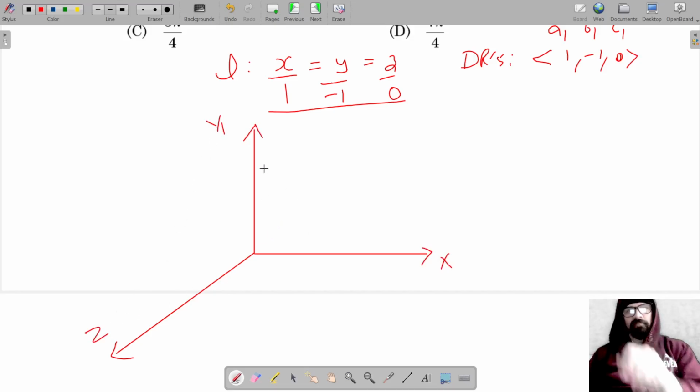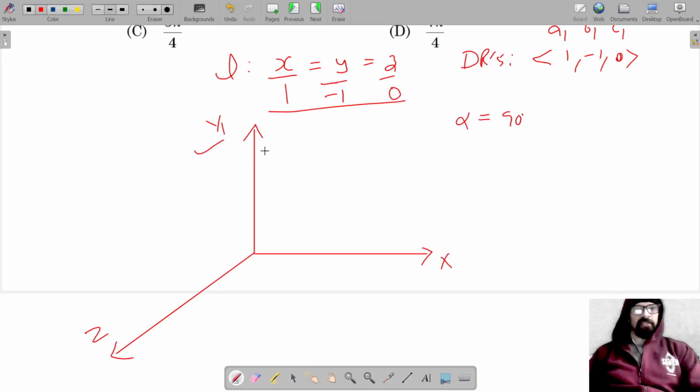Now this y-axis makes an angle with the x-axis, let's say alpha is 90 degrees, and the y-axis makes an angle with itself, let's say beta, which is 0 degrees, and the y-axis makes an angle with the z-axis, which is also 90 degrees.